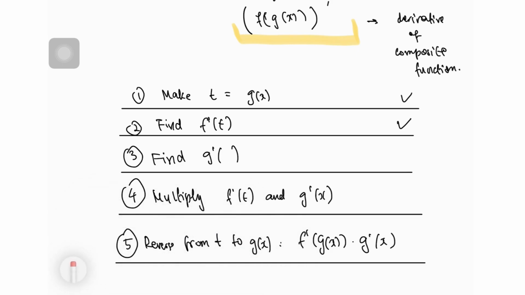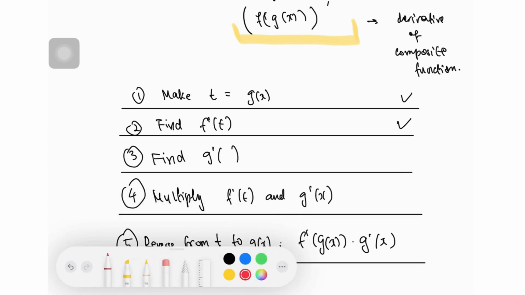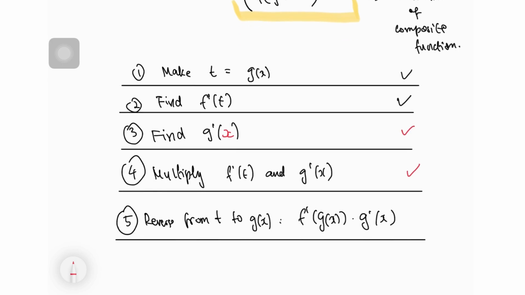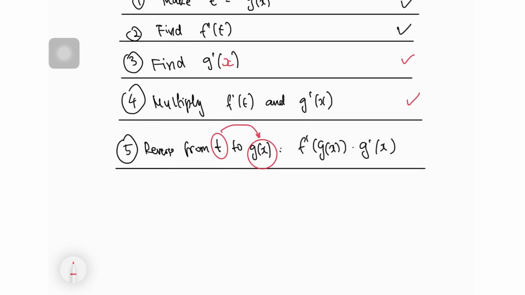So here is g prime of x, because there we don't change the variable. Then we multiply f prime of t and g prime of x, and then we reverse from t to g of x in the final expression.